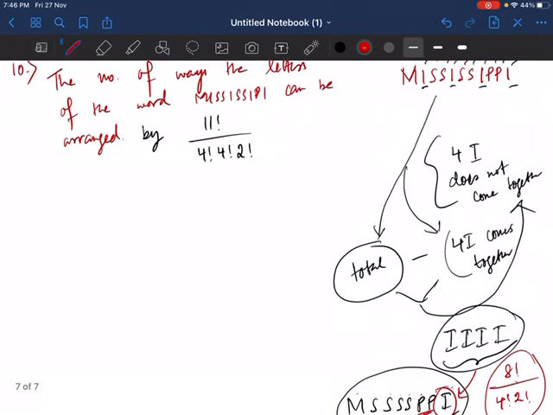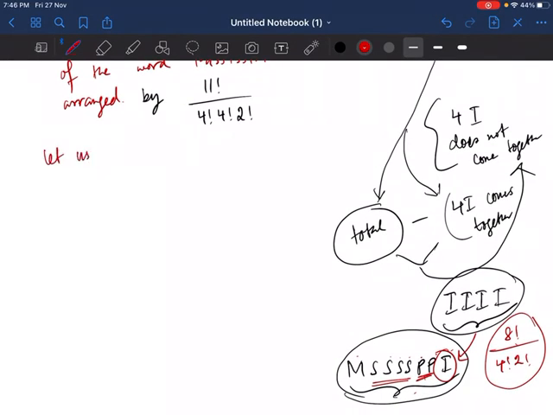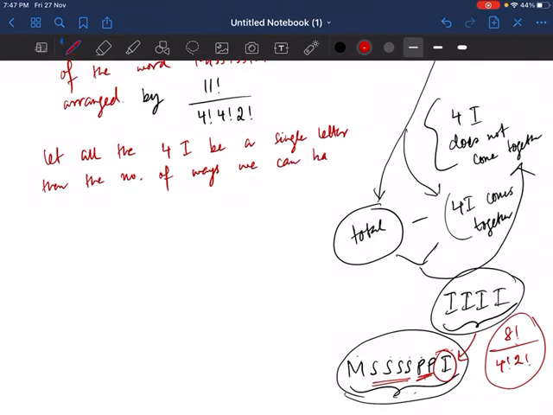So let's write down, let all the 4 I's be a single letter, then the number of ways we can have all the I's together is 8 factorial divided by 4 factorial into 2 factorial.